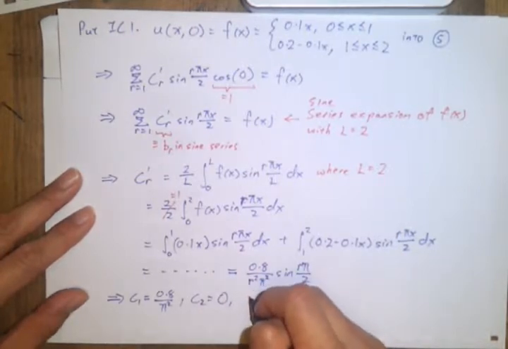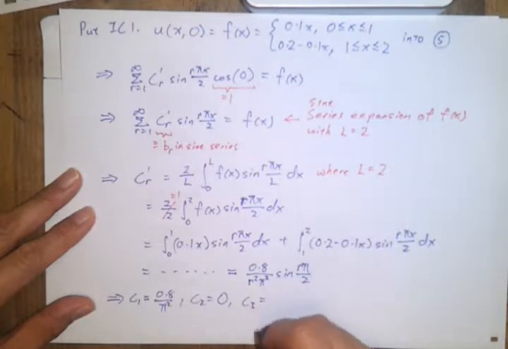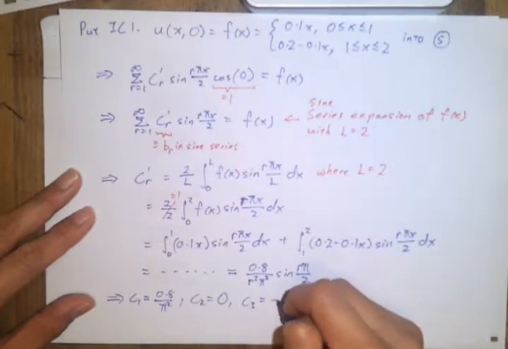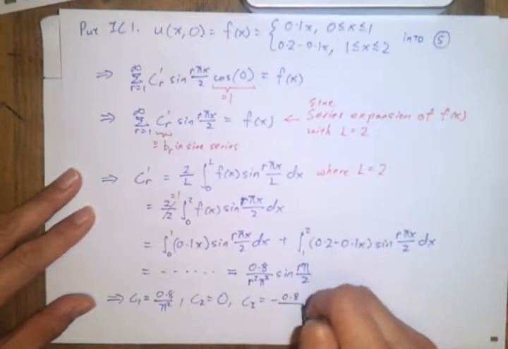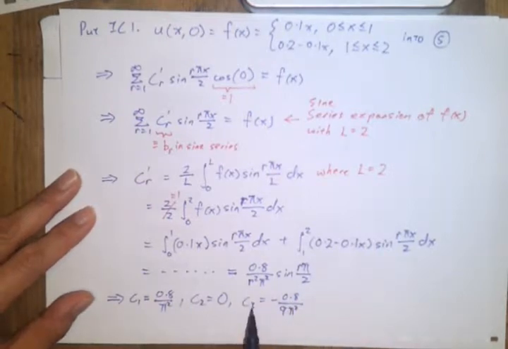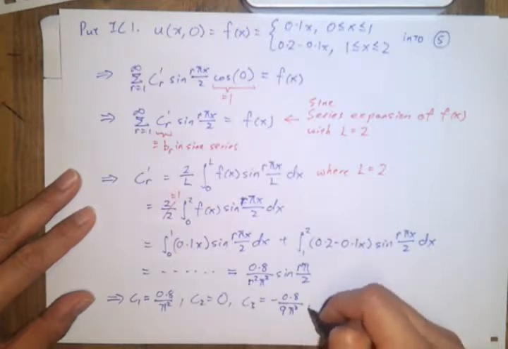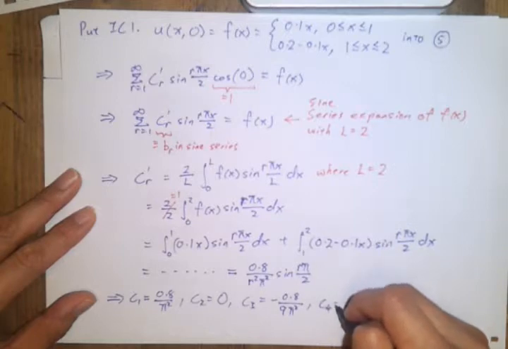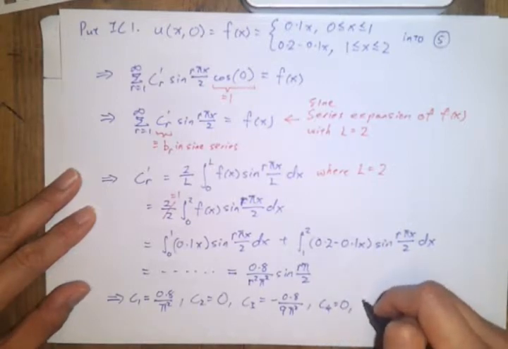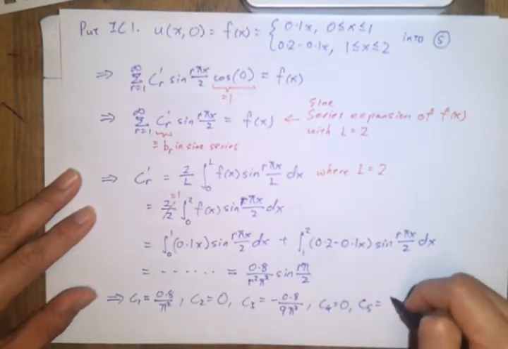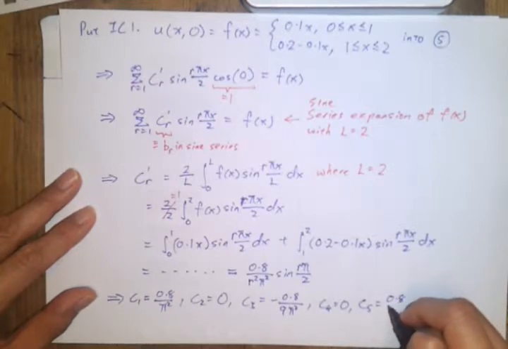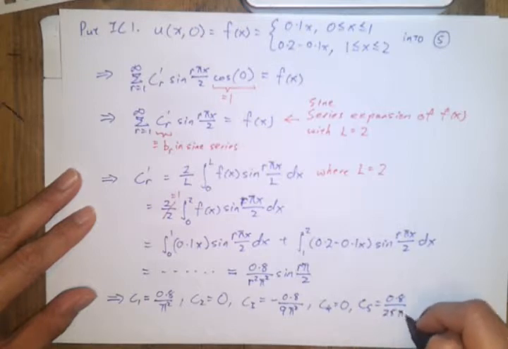You will find that C3 is equal to minus 0.8 over 9 pi squared. You just put r equals 3 in here to get C3. You will get C4 equals 0, and C5 is equal to 0.8 over, you put 5 inside here, is 25, so it's 25 pi squared, and so on.